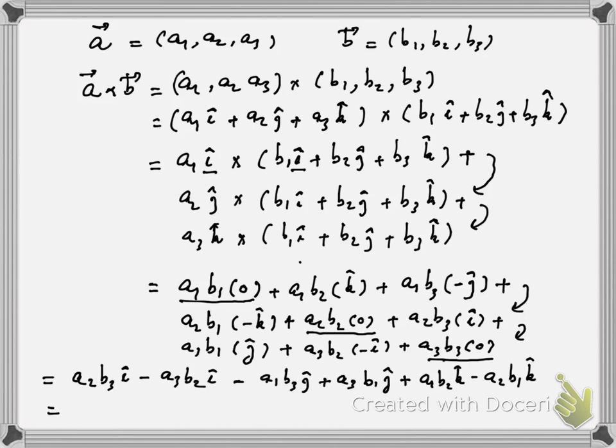If we take common, A2B3 minus A3B2 I cap. I cap can be taken common from the first two terms.